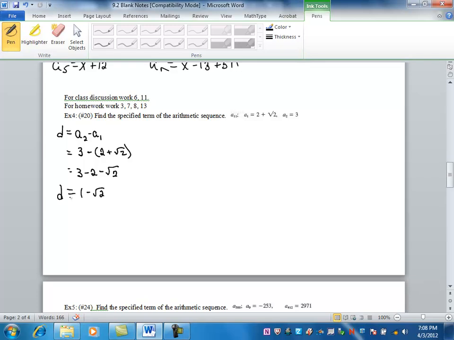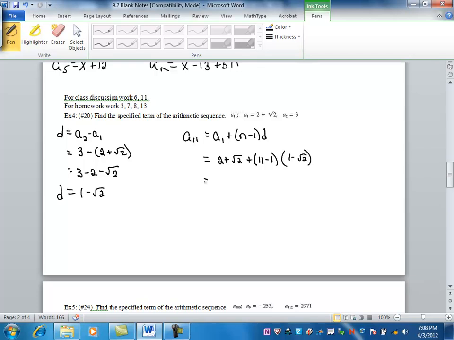Alright, now let's keep this in mind. Once I've got my common difference, I know that the 11th term is equal to the first term plus the number of terms minus 1 times my common difference. Well, that's 2 plus root 2 plus 11 minus 1 times d, and d here is 1 minus root 2.